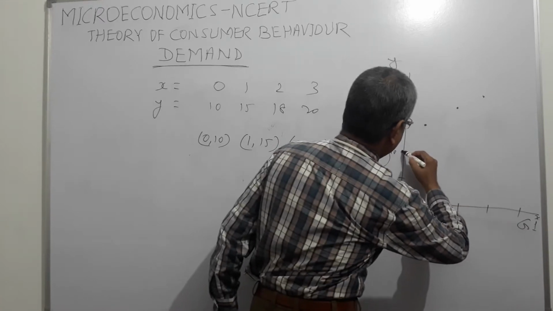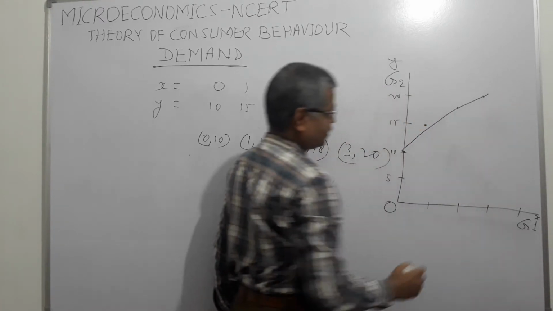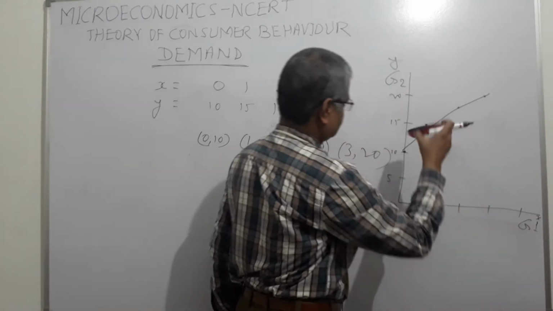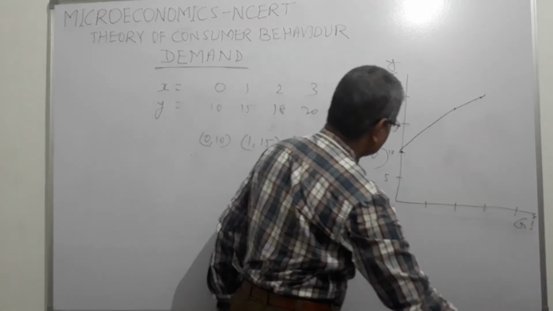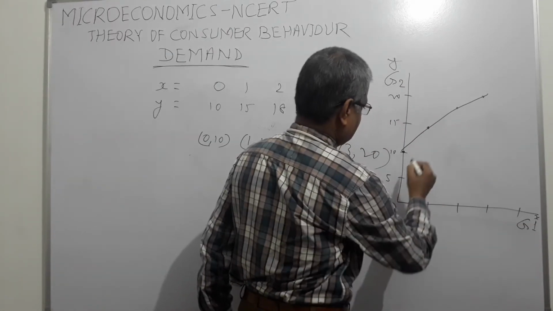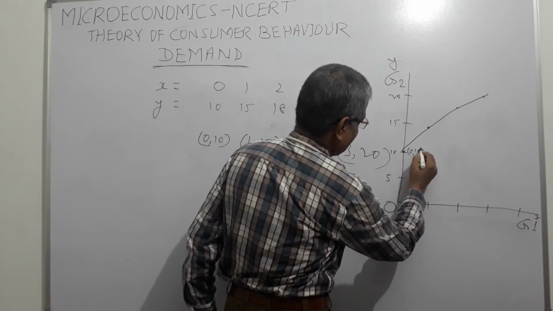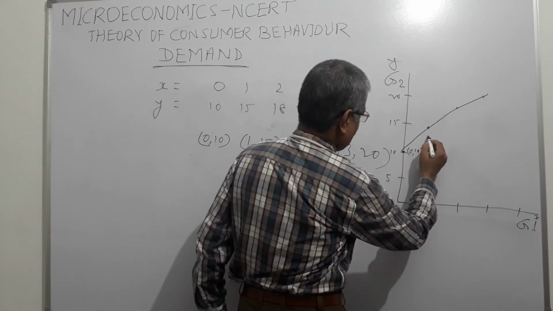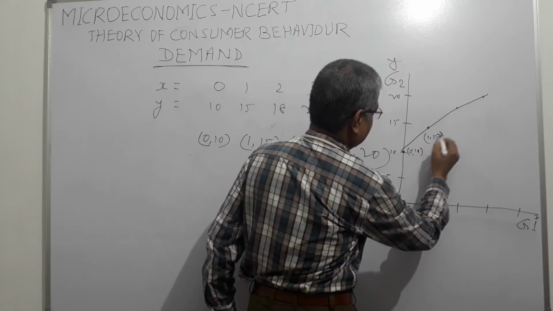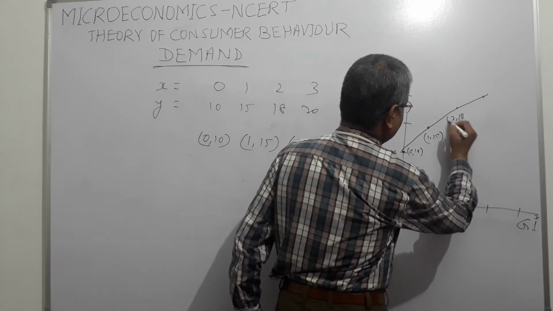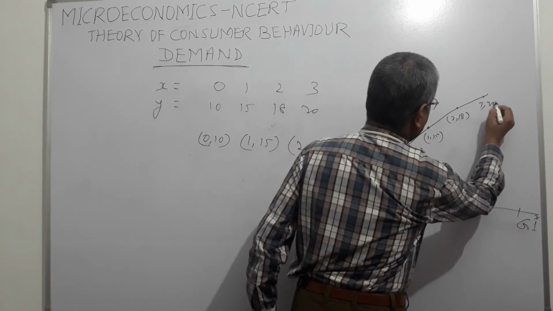So, if you do like this, it comes to this, right? This represents 0, 10; 1, 15; 2, 18; 3, 20.